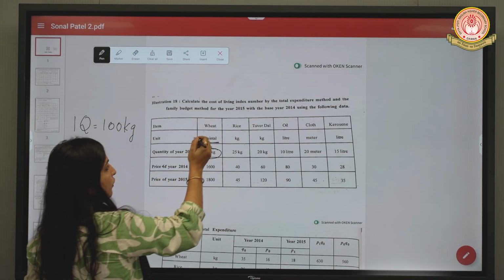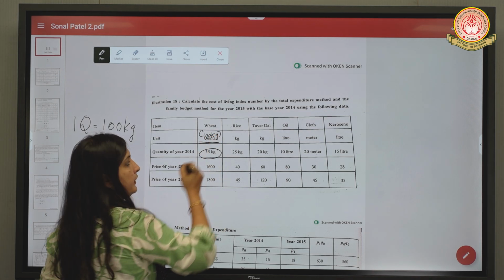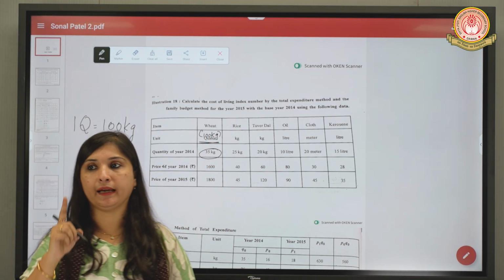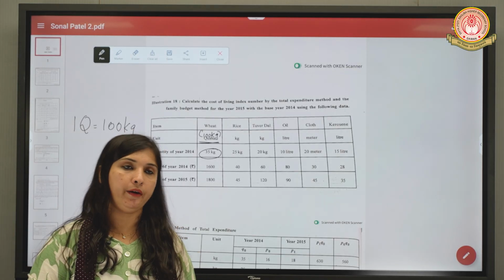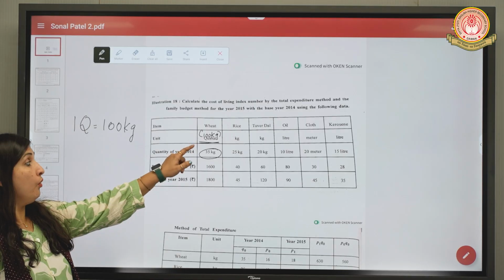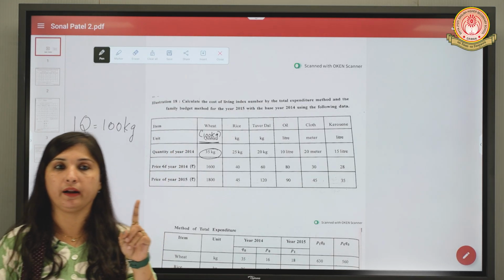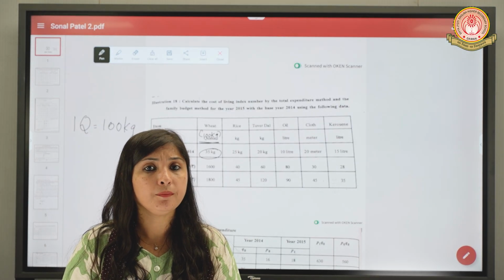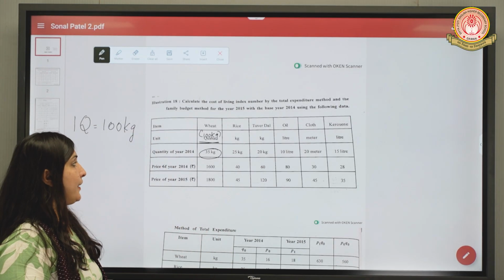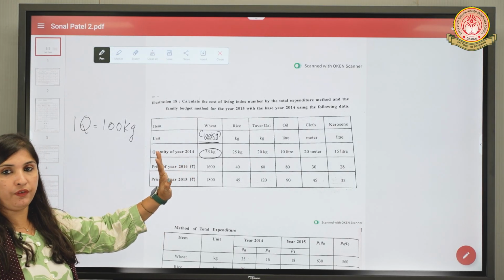Can I write 100 kg instead of quintal? Yes, because 1 quintal is equal to 100 kg. When I told you the first step, it has to be a single unit, right? But here it is 100 kg. Is it single? No. That means I need to do conversion. Now this quantity is 35 kg.